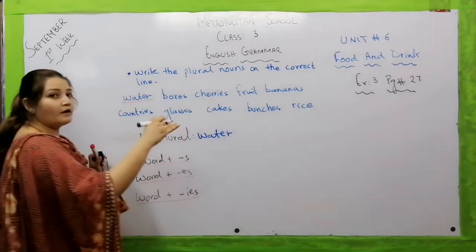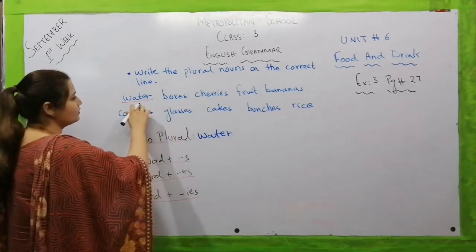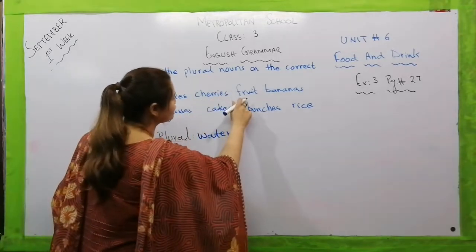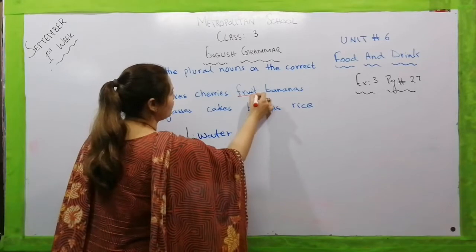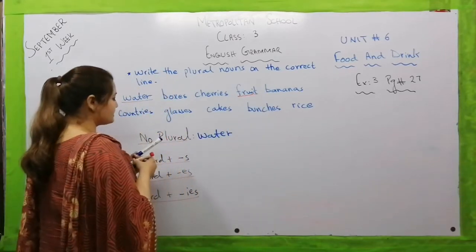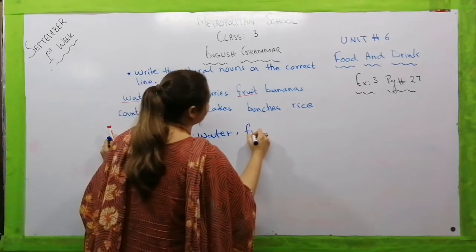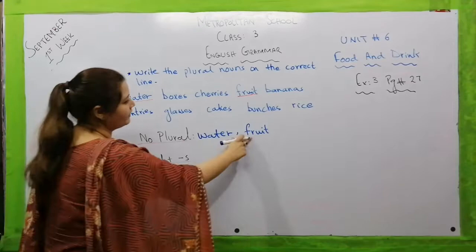Now let's find out the next word. Read with me, water. It is done. Boxes, cherries, fruit. So this fruit has no s, es or ies. So this is a singular word. We are going to write this over here, fruit. Now we have found two words, water and fruit.